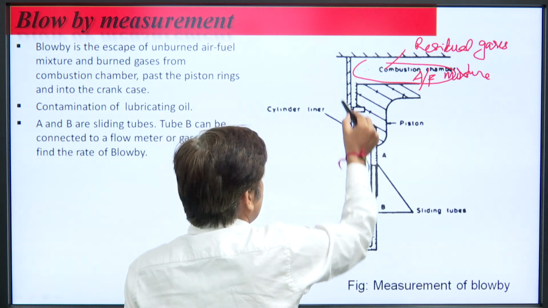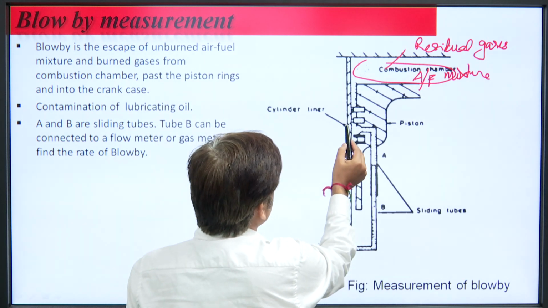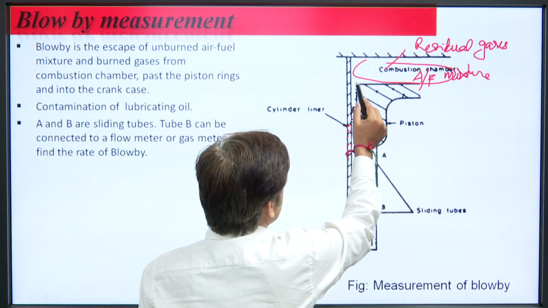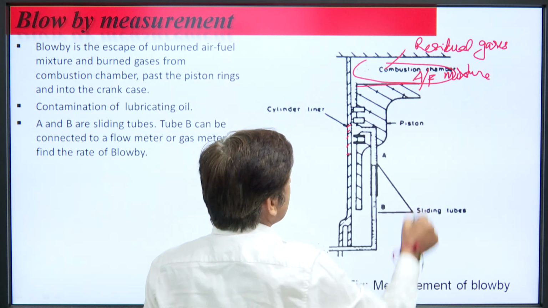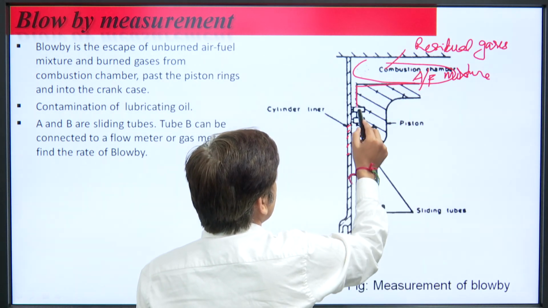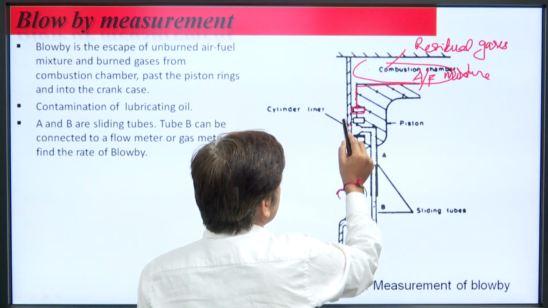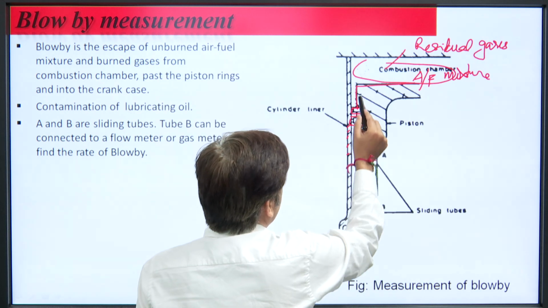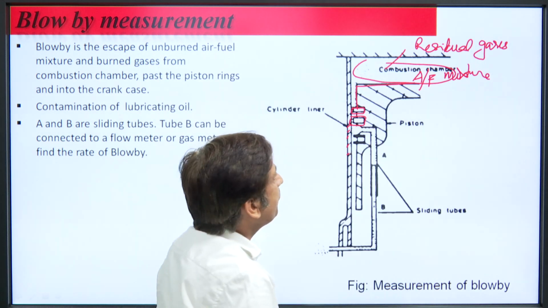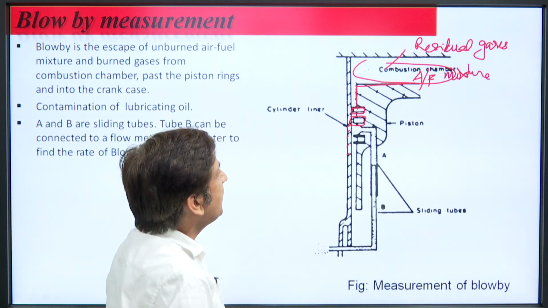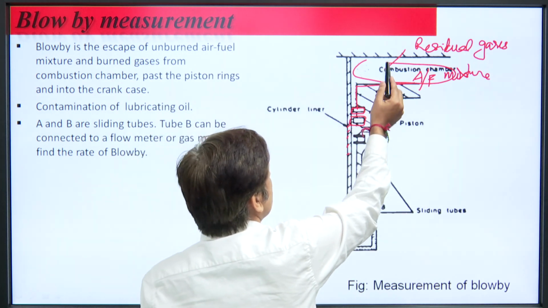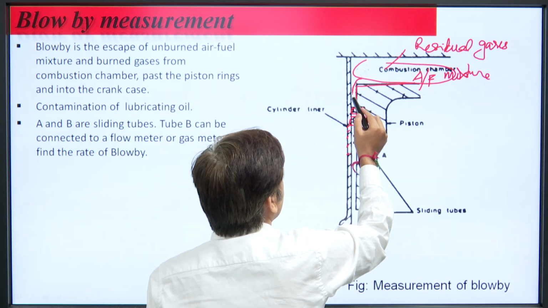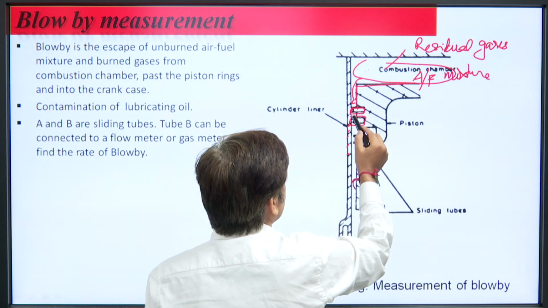This is the cylinder part, and in the cylinder there are cylinder liners. This is the piston part, this is the cross section of a piston, and in the piston there are some piston rings. So, at very high pressure there is a possibility that these combustion products as well as the fresh charge can leak from here.